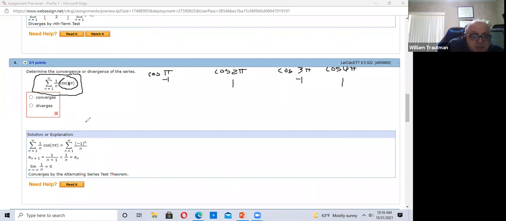So this becomes the alternating series with 1 over n. Since 1 over n converges to 0 when the limit as n approaches infinity, 1 over infinity becomes 0.